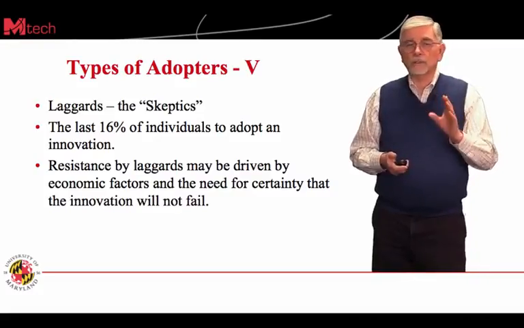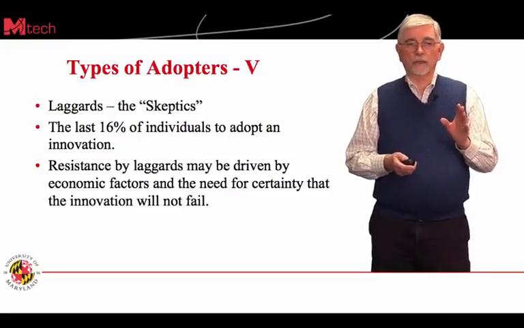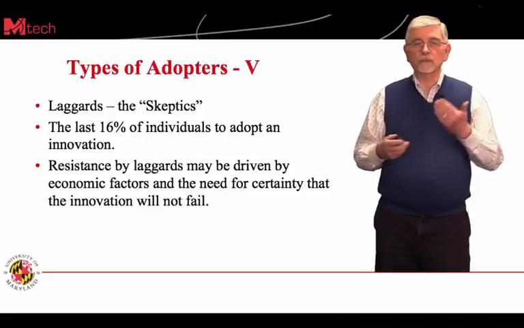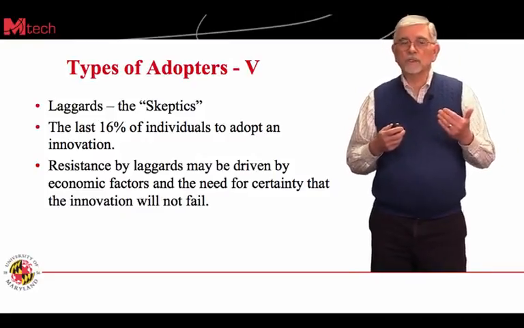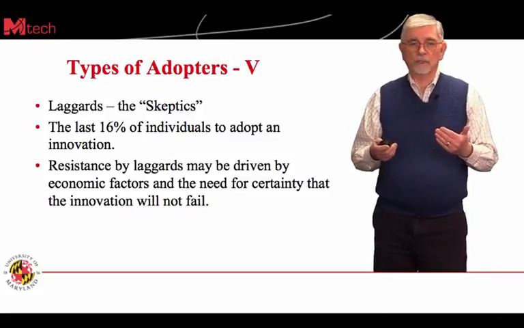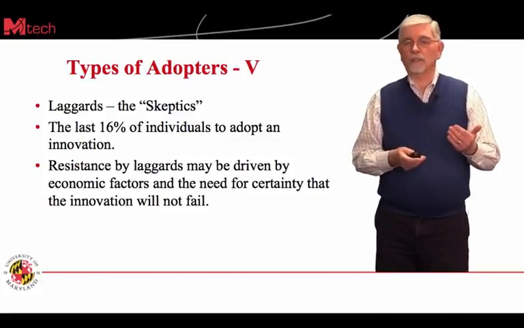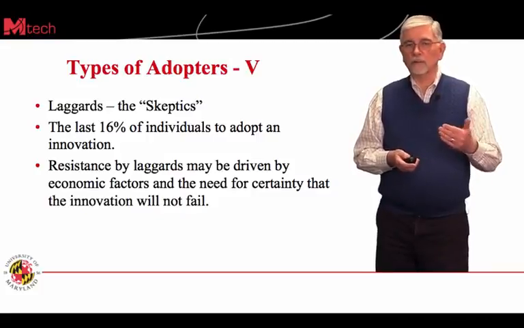So let's now look at the final category of the types of adopters. We call them laggards or skeptics. This last 16% of the individuals are resistant to accepting the innovation for a variety of reasons. And marketers are looking at this all the time, trying to reach those people.